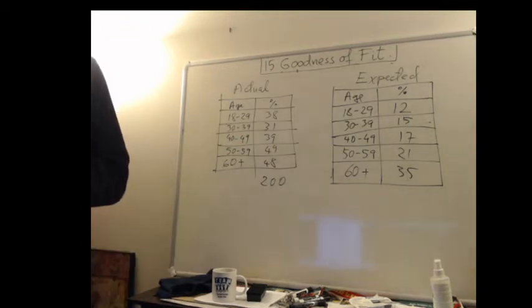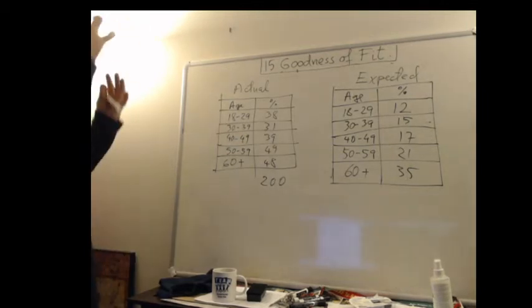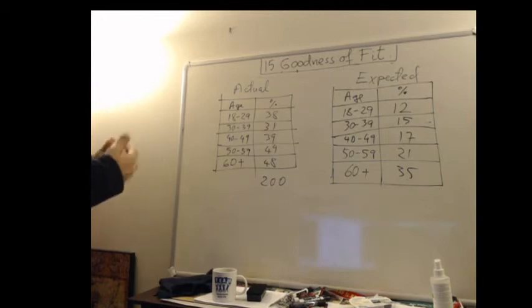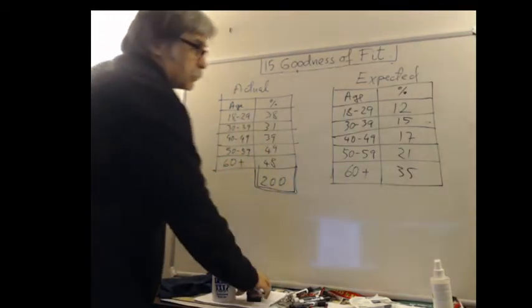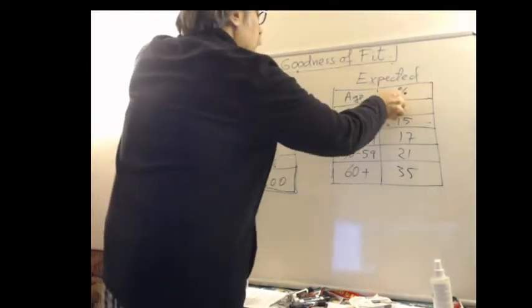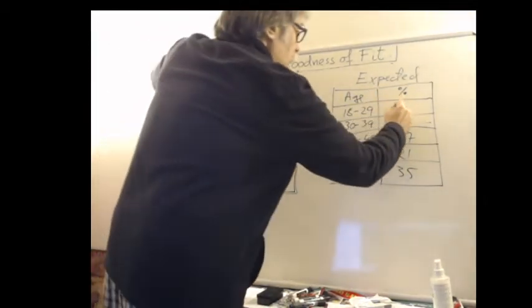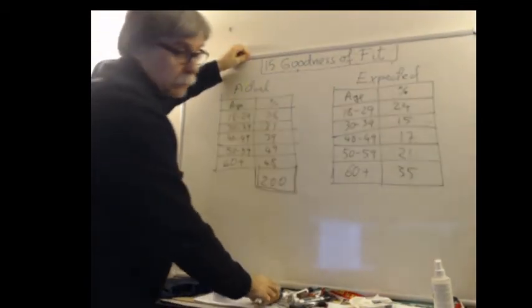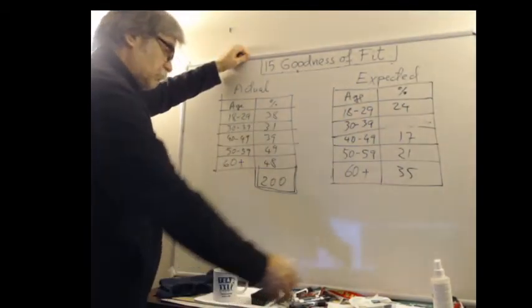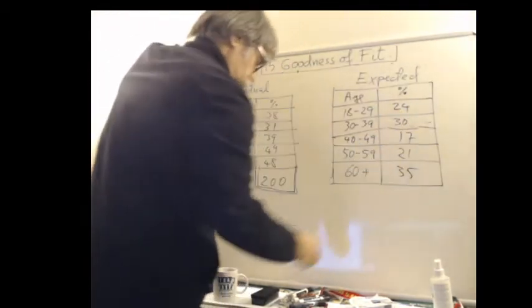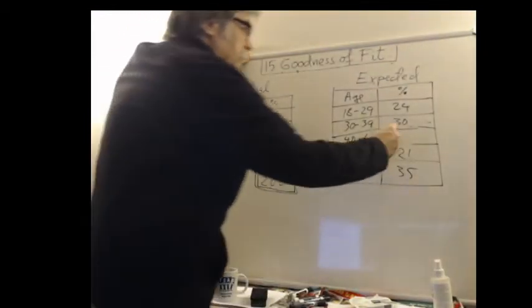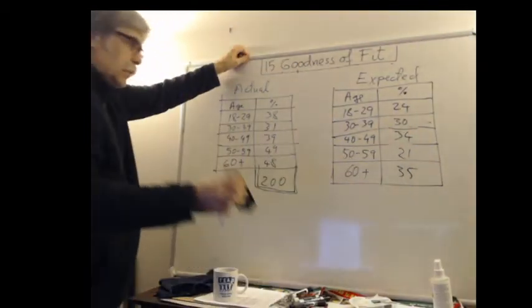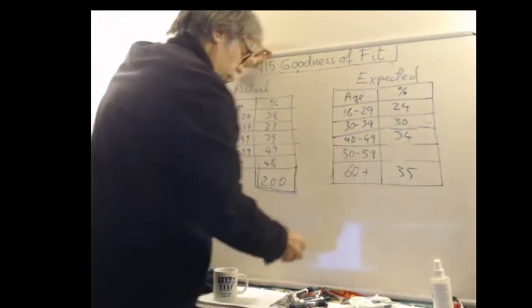And if I was looking for 200 people in the poll, and I wanted to have that resemble the voting population, I expected to get 12% out of 200 is 24. 15% out of 200 is 30. 17% out of 200 would be 34. 21% out of 200 would be 42.